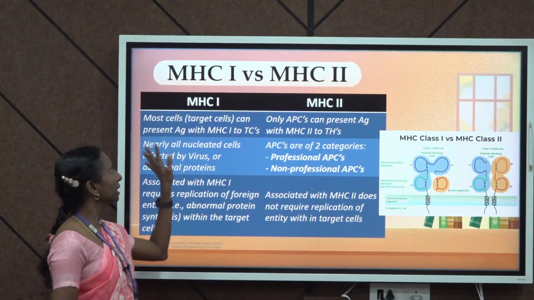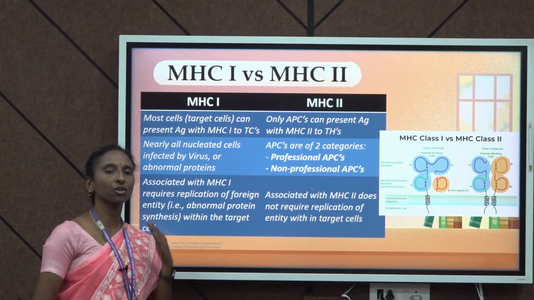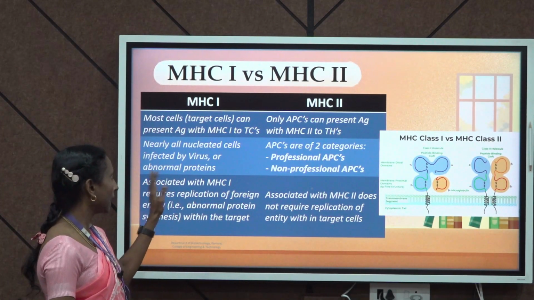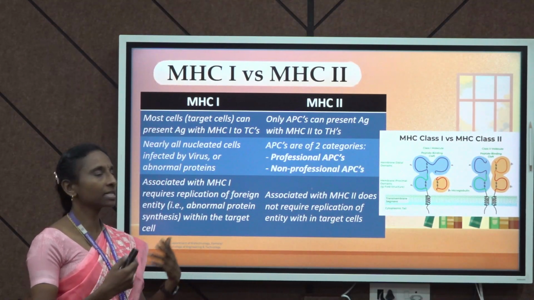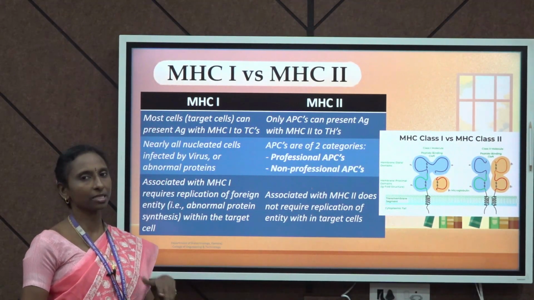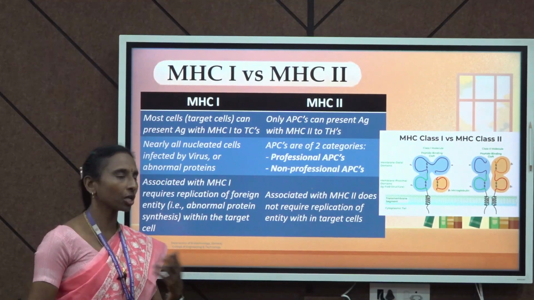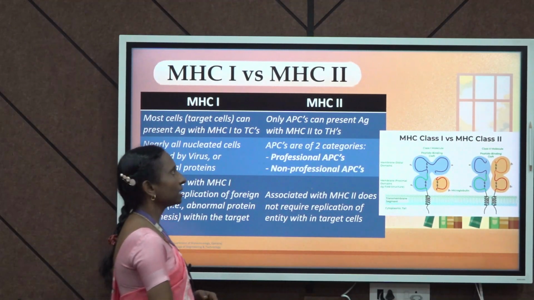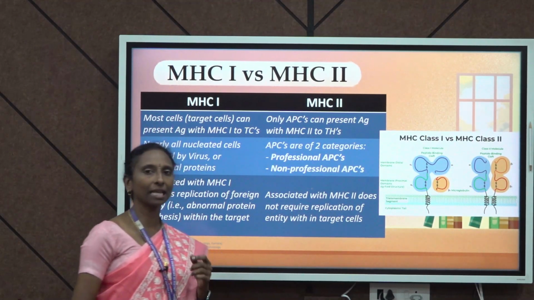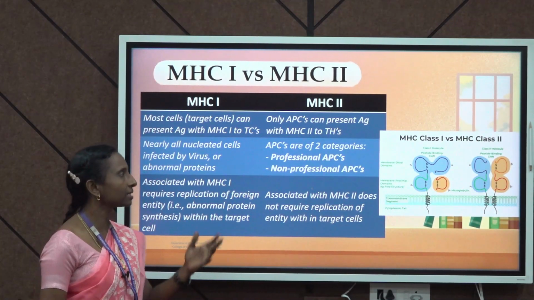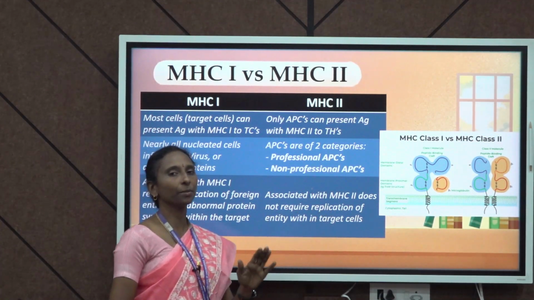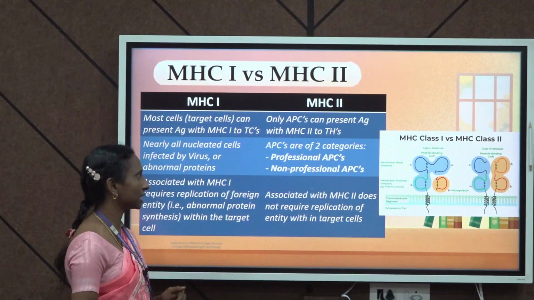MHC class 1 can be found on most of the nucleated cells, hence the antigens presented by class 1 MHC molecules can be presented by almost all the cells to the T cells, whereas MHC class 2 molecules are expressed only by the APCs or antigen presenting cells.